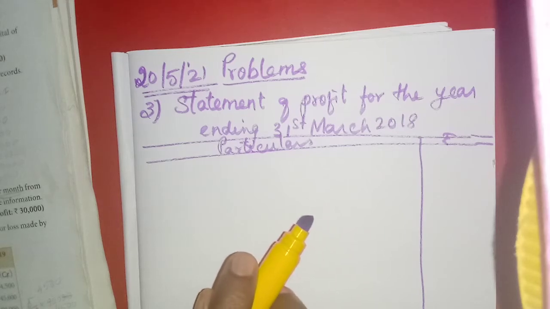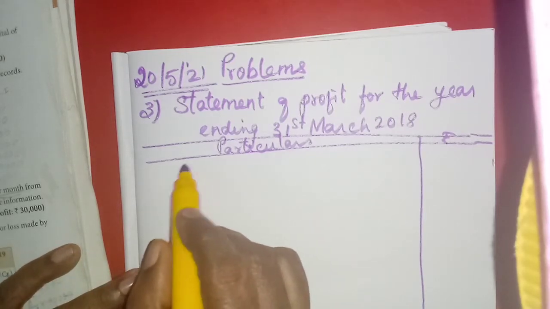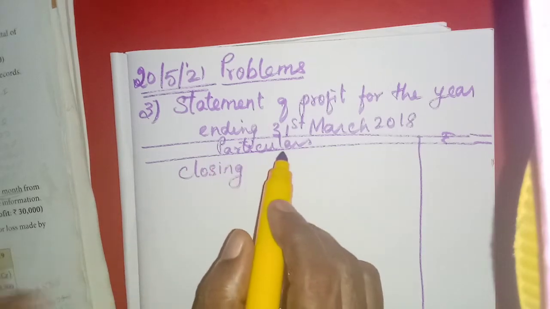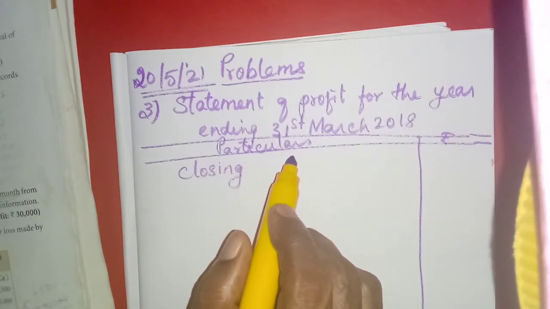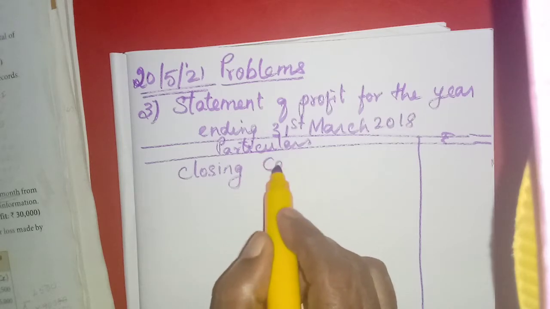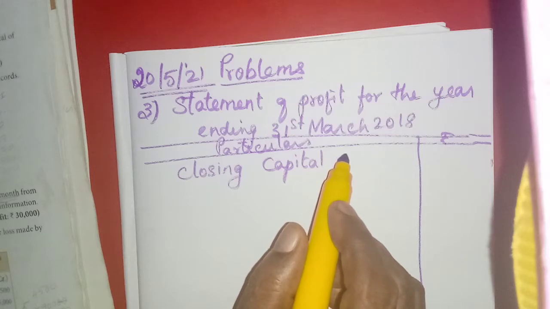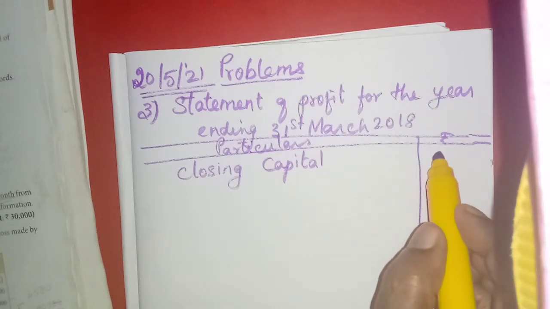Okay, now first one, closing capital. What is the question they have asked? Opening capital. So we know the closing capital. So we will write and do. Closing capital is 80,000.